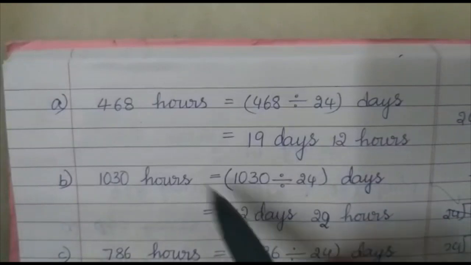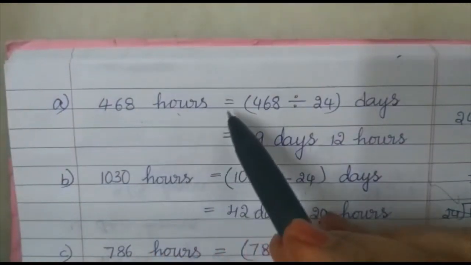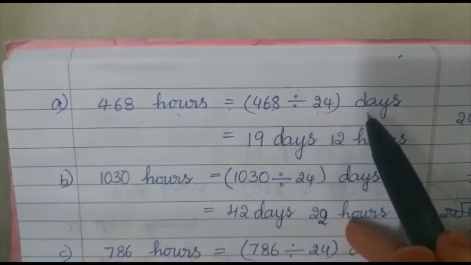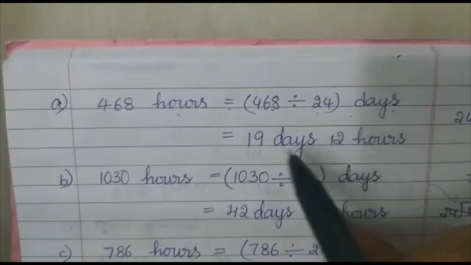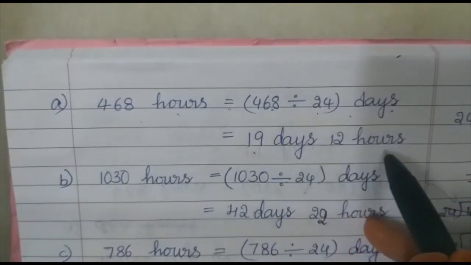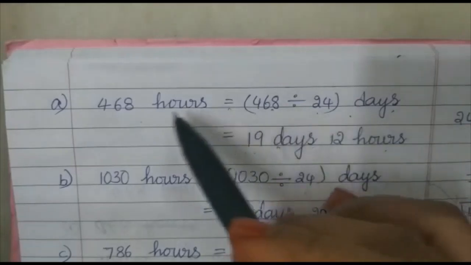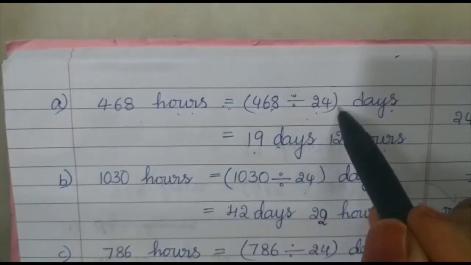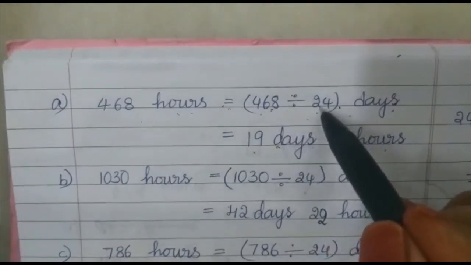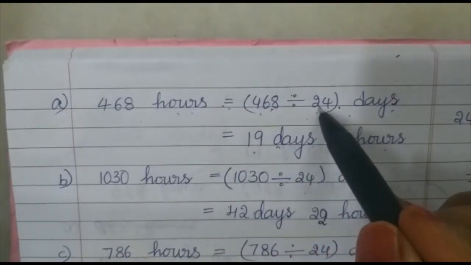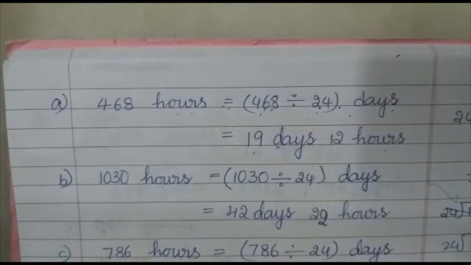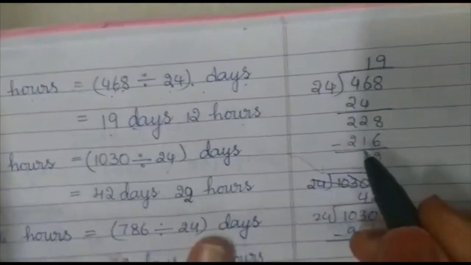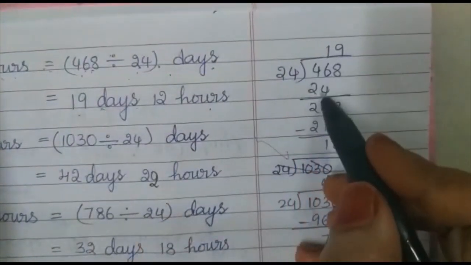See the first one, children. 468 hours equals 468 divided by 24 days. Yes, 19 days 12 hours. How did you get 19 days 12 hours? You have to divide 468 by 24. 24 ones are 24.